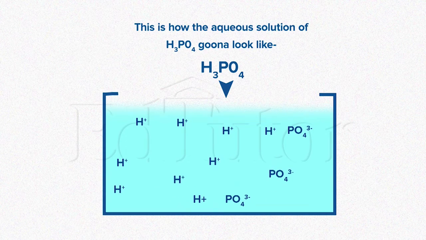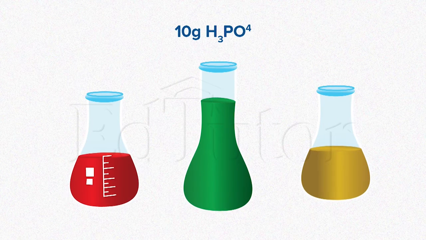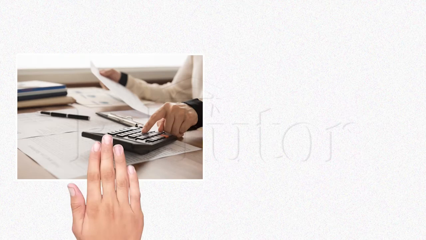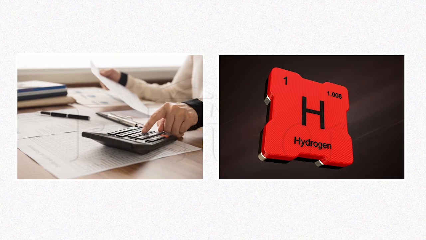Let's start with the first part, where we are required to calculate the number of molecules in 10 grams of phosphoric acid. As you can notice, we have been given the mass of phosphoric acid, which is 10 grams. To calculate the molar mass, we need to know the number of atoms of each element in the molecule.